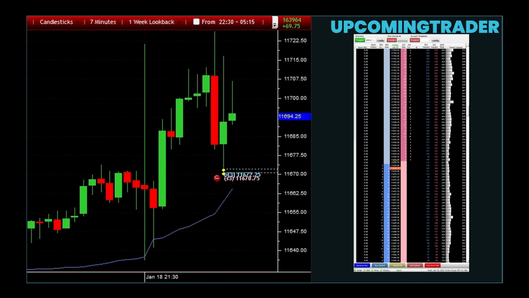Tools like On Balance Volume, the accumulation distribution line, and Chaikin Money Flow provide key insights into market strength and momentum. Start by adding volume analysis to your trading strategy and pay attention to how volume aligns with price action. This will help you confirm trades and avoid false signals.